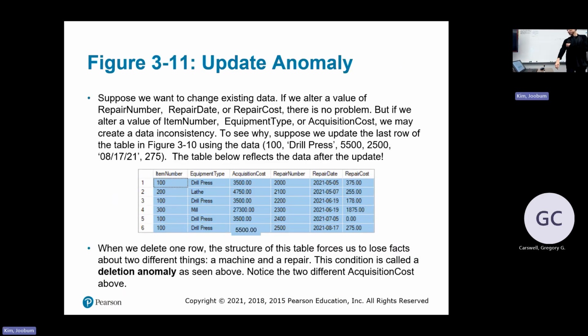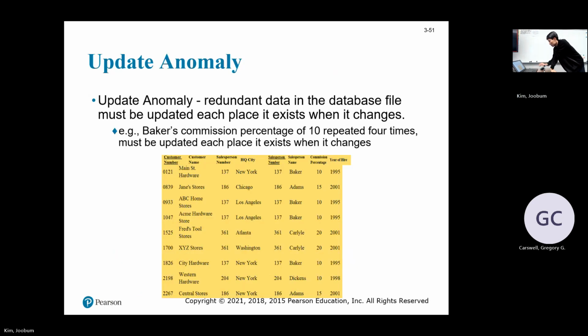And then the update anomaly. Maybe this is easier. Baker's commission percentage is 10: Baker 10, Baker 10, Baker 10, then Baker 10. So 4 times. This year, the commission percentage of Baker is updated. It's increased, maybe to 20. So we have to update how many times? 1, 2, 3, and 4 times.